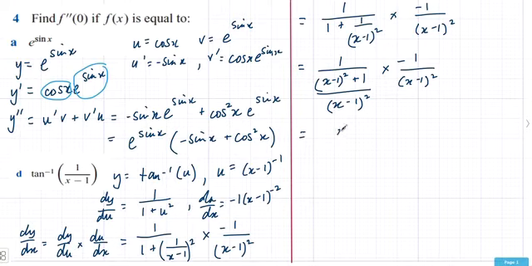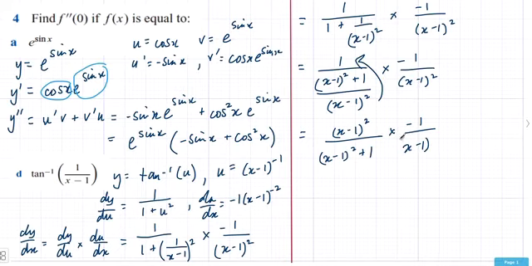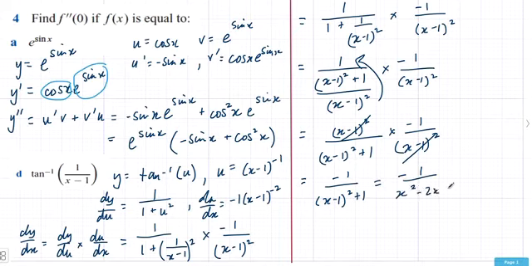So you're going to end up with x minus 1 squared on the top, x minus 1 squared plus 1 on the bottom, because this goes up, and then it looks like that. These guys cancel, so you now have this. And if we expand that out, it looks like this.